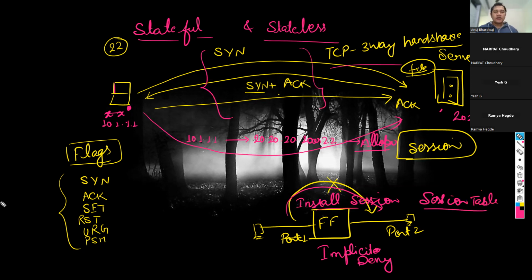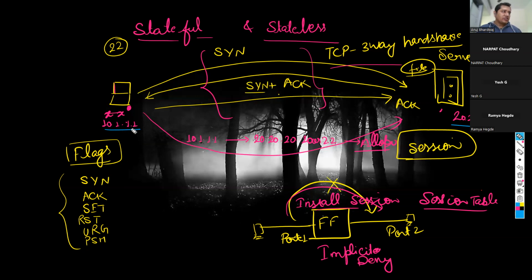The session table is generated based on the rules we have set up, on whether that traffic is allowed to pass through and go further or not. If it is allowed, then it will pass through. The magic of the firewall is this: if you observe carefully, you have just allowed from left to right, from 10.1.1.1 to 20.20.20.20.